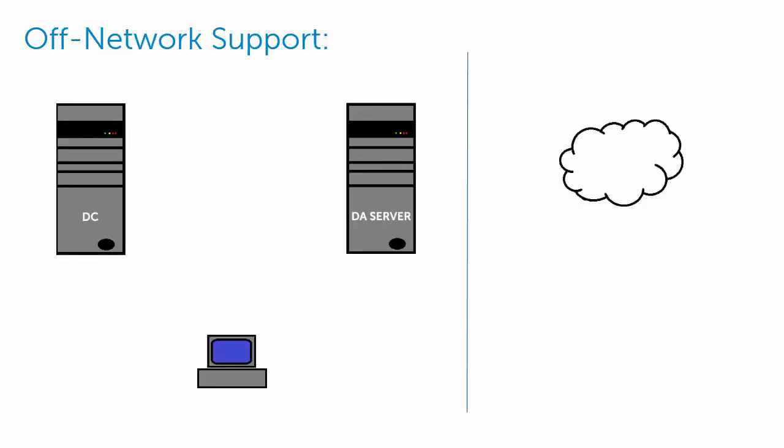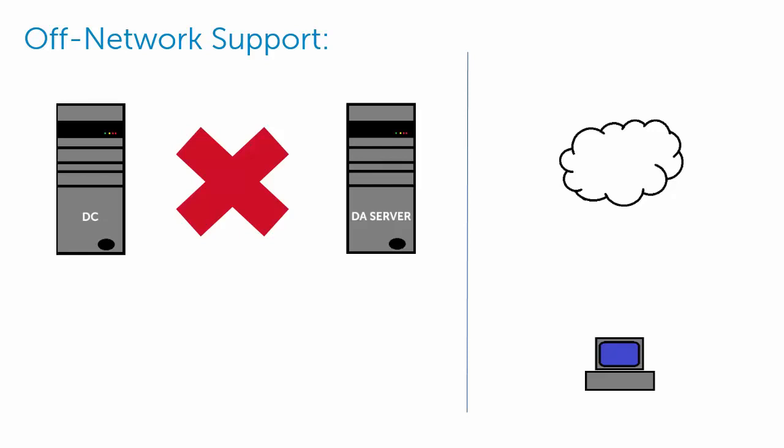Desktop Authority can now manage a computer and user's session when they are not connected to a corporate network. As an example, think of a laptop that is connected to a corporate network in an office, but when being used remotely, it is disconnected from the corporate network. In this case, the computer, when used remotely, would be considered off-network, and Desktop Authority could not be used.